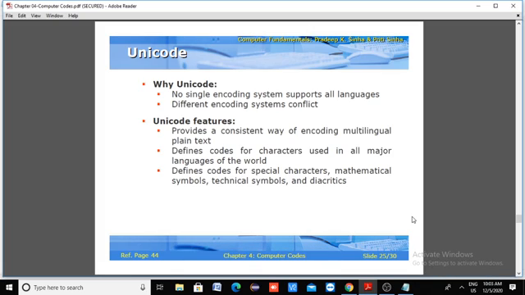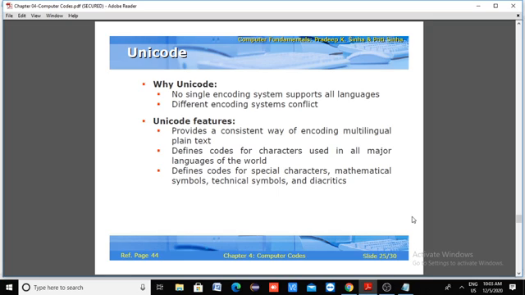For example, in the previous class we discussed ASCII and extended binary coded decimal interchange code. Those cannot support all languages. ASCII does not support all languages. So if you want to type in any local language, we need another character coding. For that reason we need Unicode.